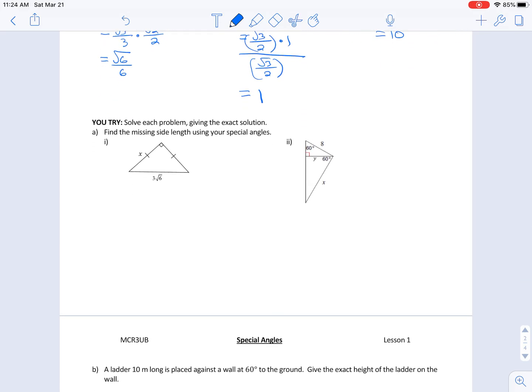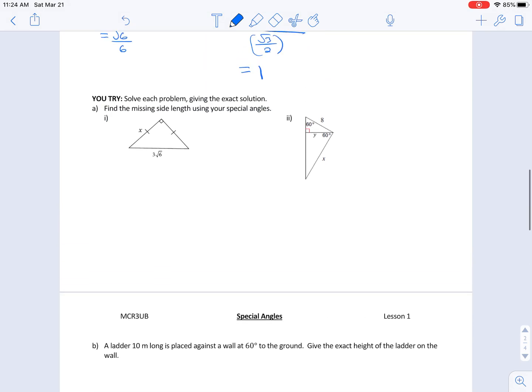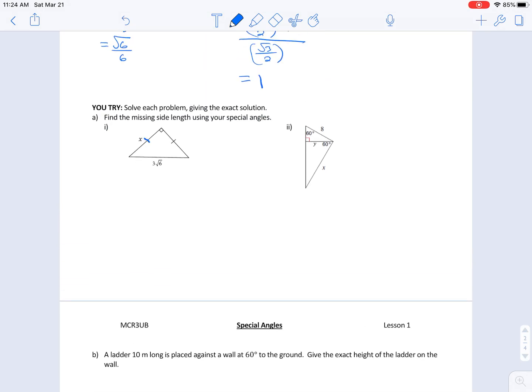Otherwise, I'll fill this in so you can try it, and I'll go through it. So these ones, give it a try. This one, again, I've got the same angle, so that's 45, 45. So find the missing side length so I can use either sine or cosine.